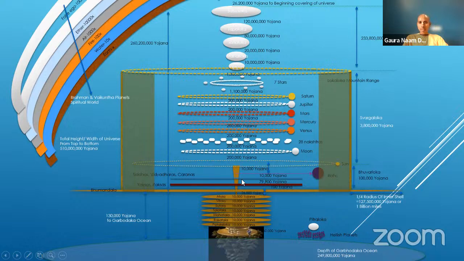Within this, in the seventh Dvipa, the sun is circumambulating around Mount Sumeru, rotating daily in the clockwise direction, Pradakshina. The other planetary systems are also rotating, like the Moon, above, in different circles. The Moon is also circumambulating around Mount Sumeru.